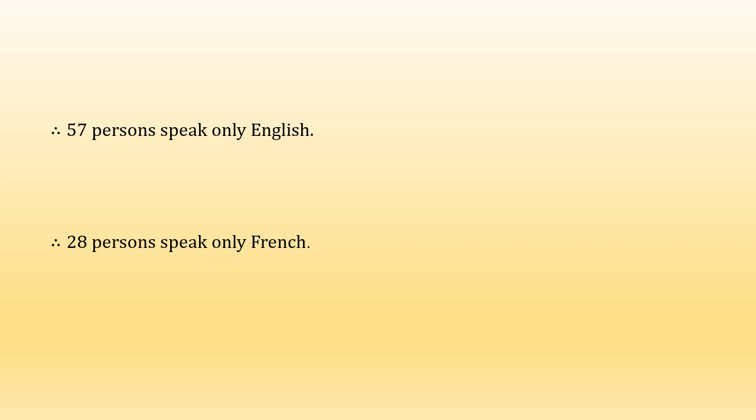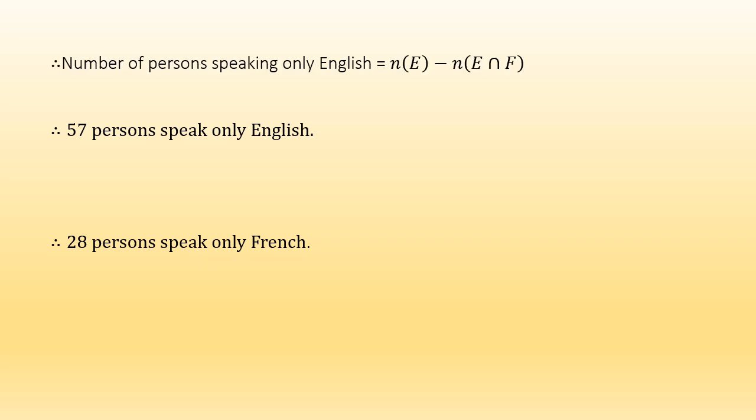In the second part of the sum, we need to find out the number of people speaking only English. We will get this with the help of the formula, that is N of E minus N of E intersection F. Let's put up the values.